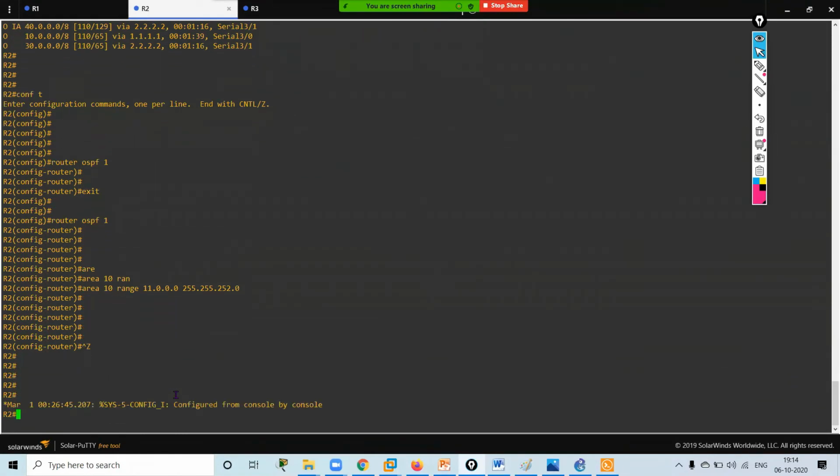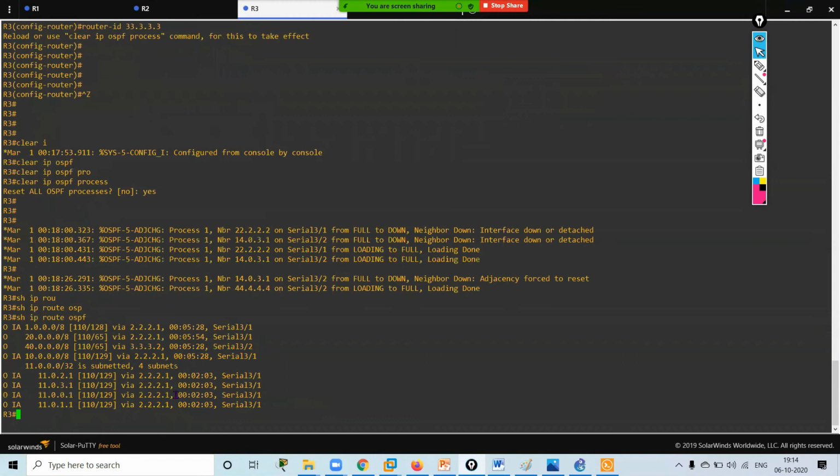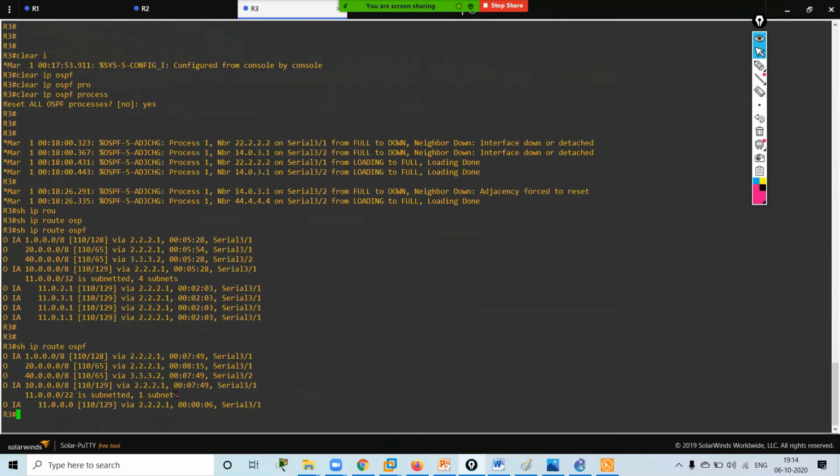This is how I have summarized the routes. If I see now, I'll get only the summary route /22. What I've done is summarized the network.